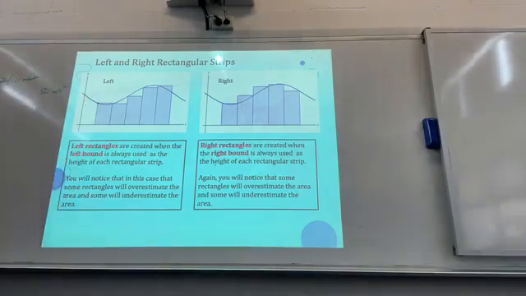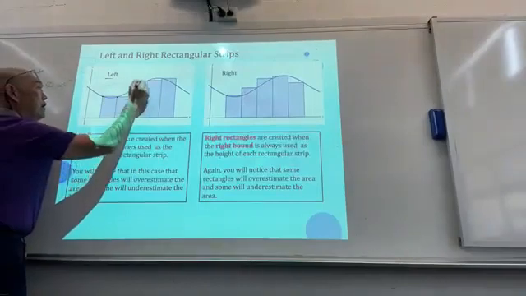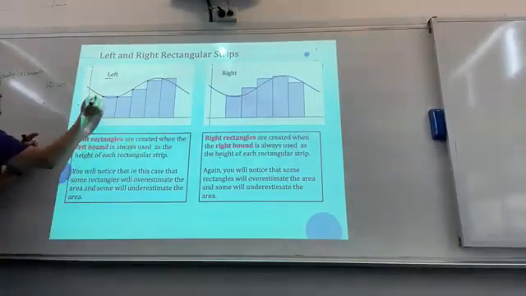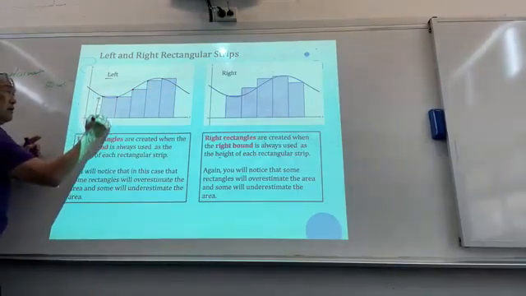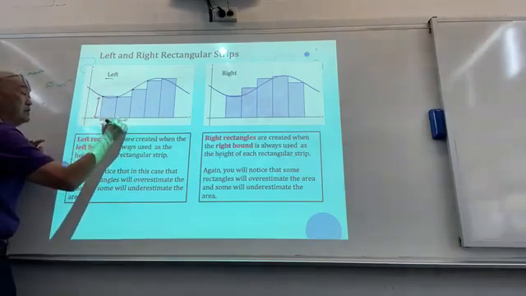Now, with the inscribe and circumscribe, it could be left or right corner. But in this case, left, which means you're just looking at the left corner of the rectangle, that's all. Alright? So you can see that this bit here has this height, delta x, which is the same width.